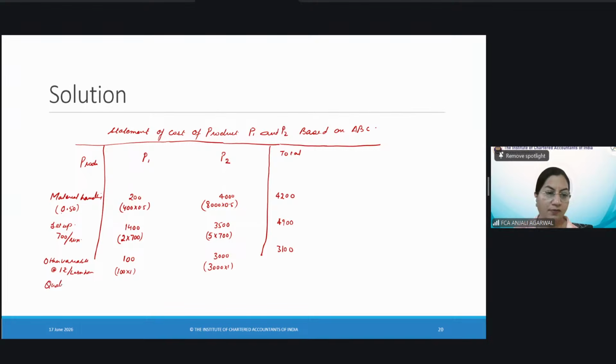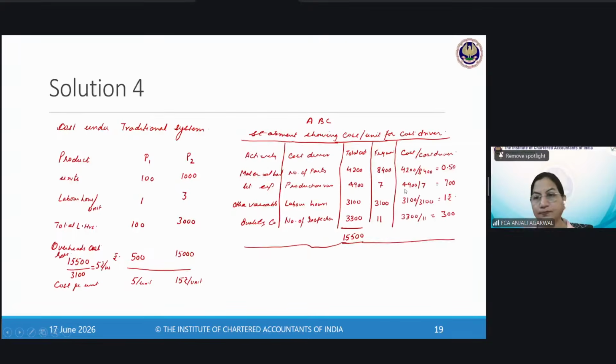Quality control based on inspection at the rate of 300 rupees per inspection, right? We'll pick it up from the first table. These rates will be applicable when you're allocating. Okay, 300 per inspection.